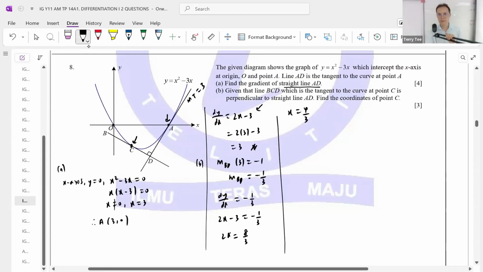Once you have your x value, you find your y value, substituting x into your equation, which is x squared minus 3x. This is 16/9 minus 4, 16 minus 36, -20/9. I hope you can do it mentally. So therefore, the coordinates of point C are 4/3, -20/9.